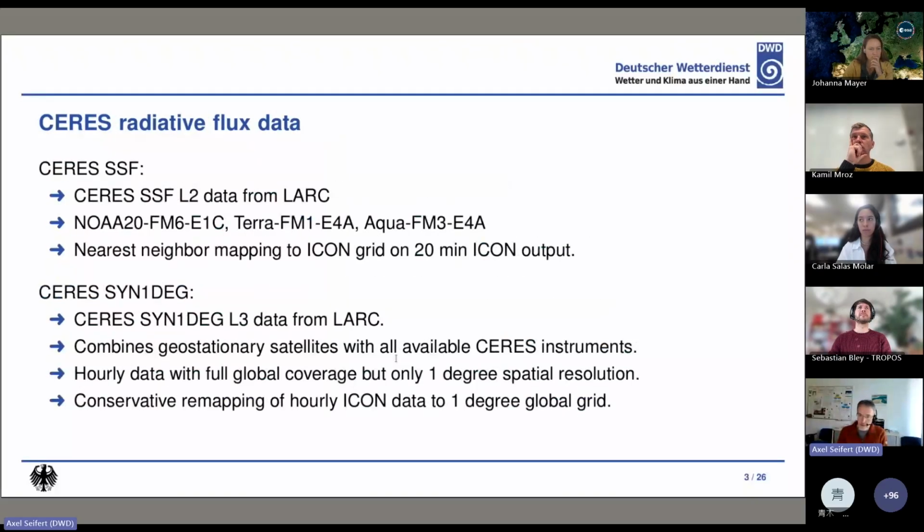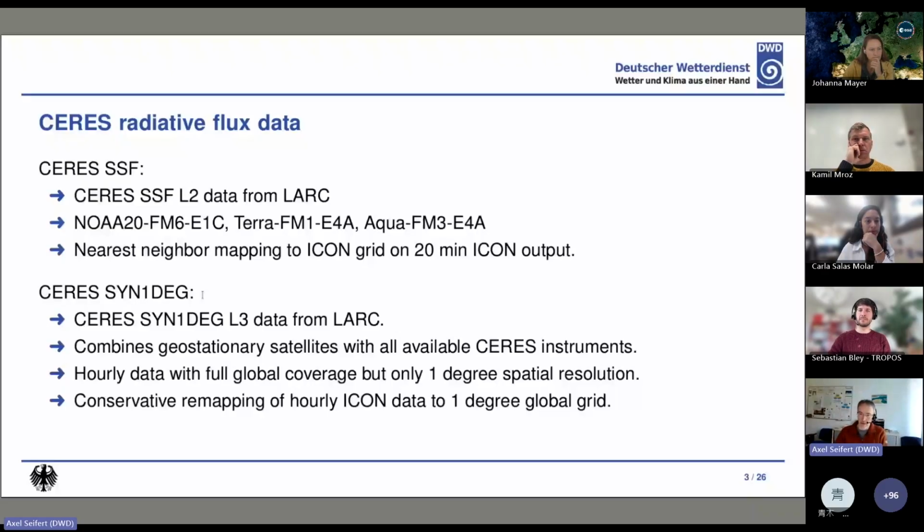And as a reference, we use the CERES level 2 data, so the SSF data. This is currently, or for this month, available from 3 satellites. And here we use a 20-minute ICON output, so not the full resolution, but for the radiation data, which is only called every 20 minutes in ICON anyway, so the 20 minutes are really sufficient.